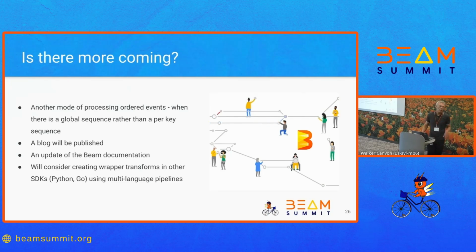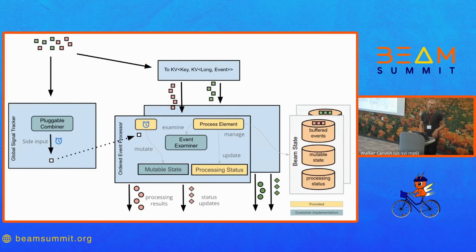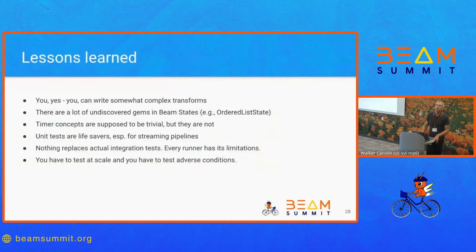How do you do it then? I'm working on the mode to implement that. The way it's going to work, again technical details, is using a global sequence tracker and using side inputs to communicate with the transform to let it know when the processing is done for a particular sequence.